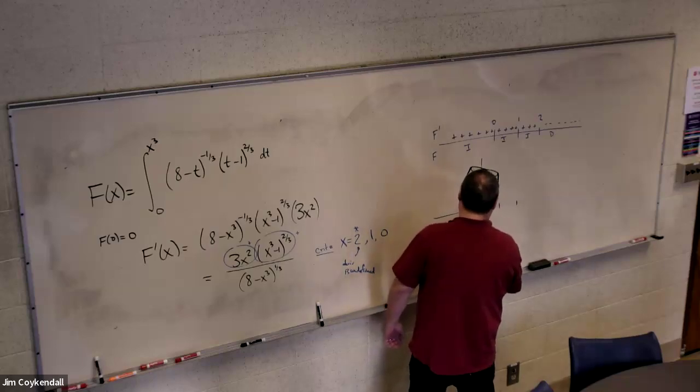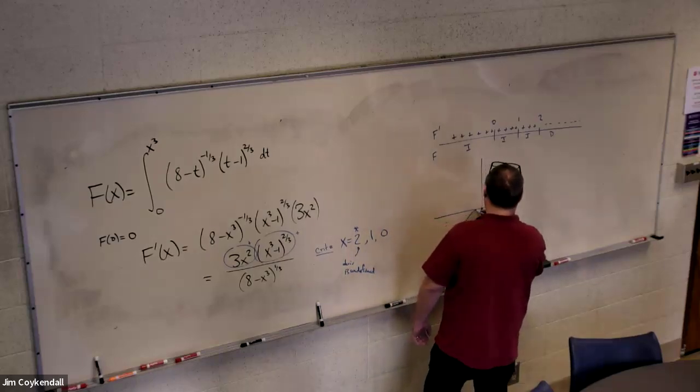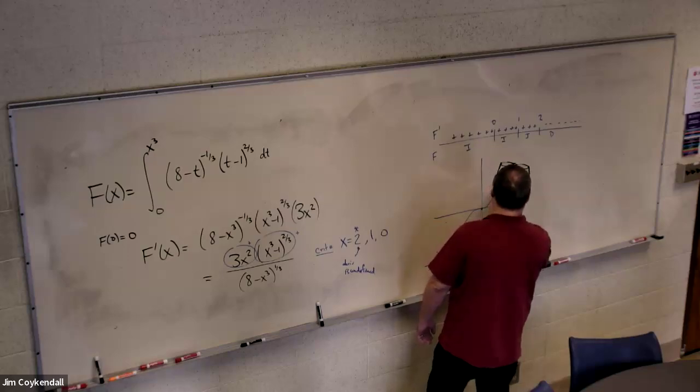More or less. It decreases, and there's a 0 derivative. And then it decreases again, and we've got a 0 derivative.